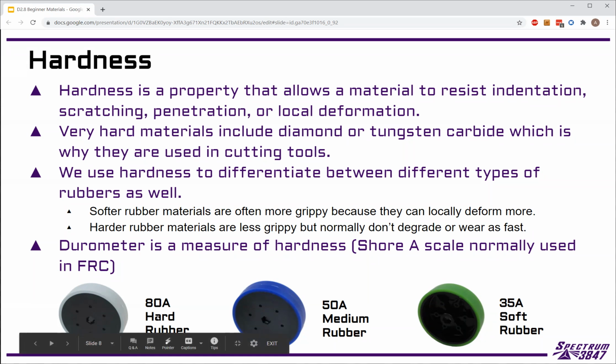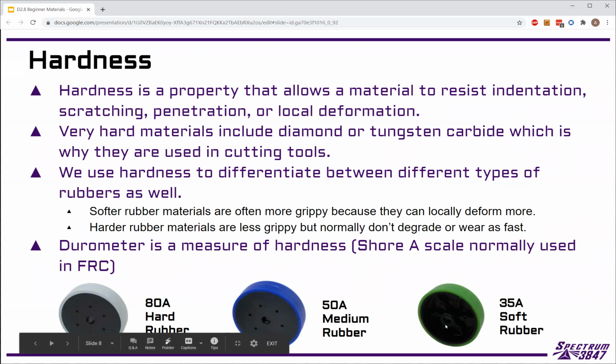And so the harder rubber, the way we measure it is called durometer. An 80A is a much harder rubber on the outside of this wheel, so it's going to take longer for the wheel to become smaller and wear down. The much softer rubber, this 35A wheel, might start wearing down very quickly, and you'll notice the outside just won't be as clean and smooth, and it'll literally start getting thinner and thinner as it's used over and over again.